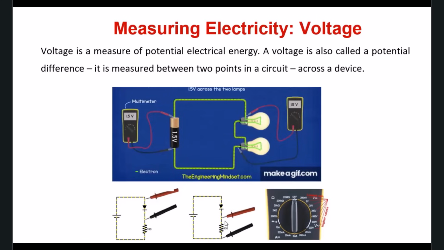Accordingly, we can measure the voltage across the diode plus the voltage across the resistance, and the addition of the voltage across the diode and the voltage across the resistance will be equal to the total applied voltage through the battery. I hope you all understand this concept of measurement of the voltage in any electrical circuit.